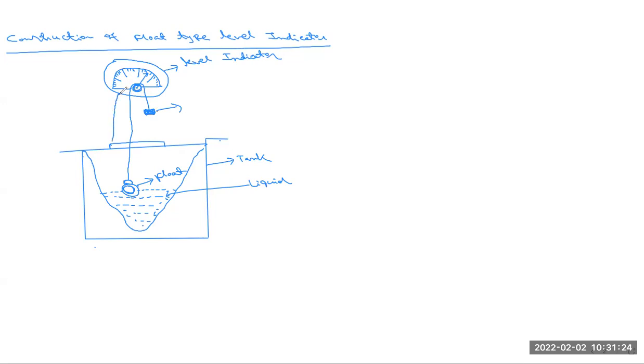This is connected to this point and also to this point. So this is the diagram of the float type liquid level indicator.